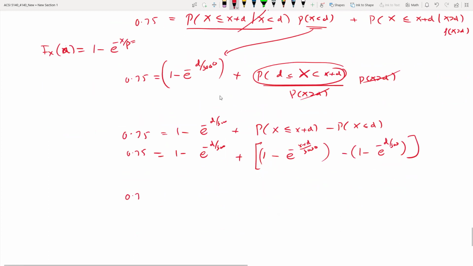Now I can bring everything to the other side: 0.75 plus e to the power negative d over 3000 minus 1.